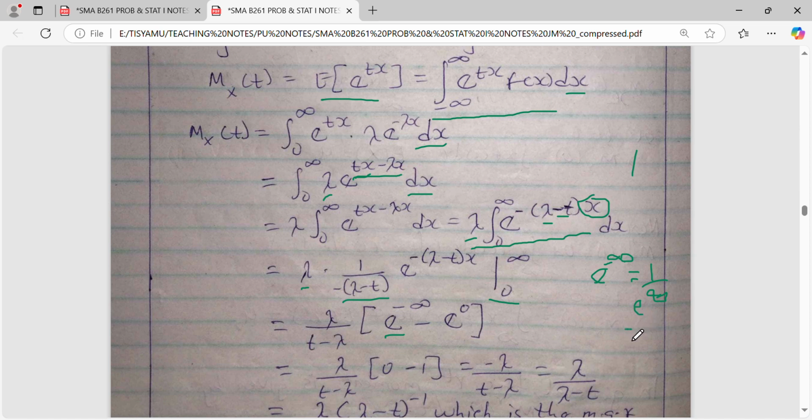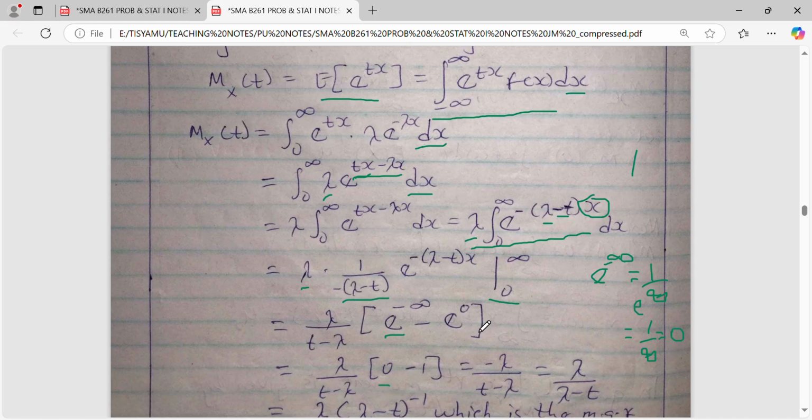And since this is exponential of infinity, this is just 1 over infinity, and 1 over infinity we know is the same as 0, so this reduces to 0. So the first term here becomes 0.